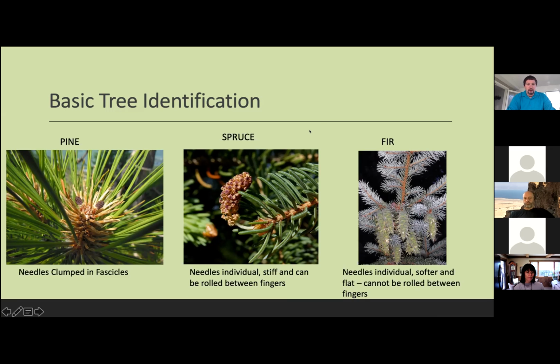Spruces are going to have individual needles, but they're going to be really stiff. But you can still roll them between your fingers. They're going to be kind of roundish. Whereas firs tend to have flat needles, and you can't roll them. When you pull them off the tree, they don't roll. The other way to tell those two apart: spruces are spiteful, but firs are friendly. If you bump into a spruce tree, you're going to know it, and you're probably not going to want to do that again.